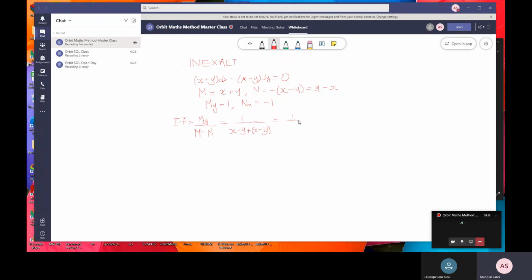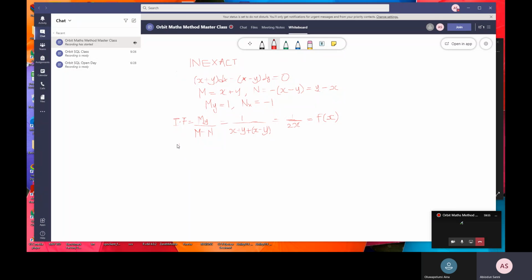Are you still with me? Apparently, whenever you use M as a criterion in this kind of scenario, your integrating factor is most likely going to convert to a function of x. You can see it's a function of x.